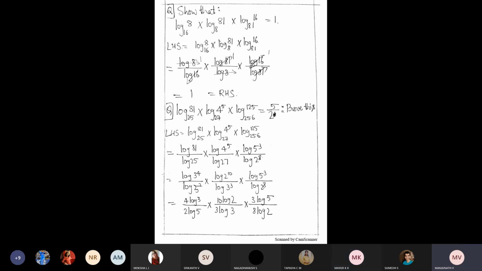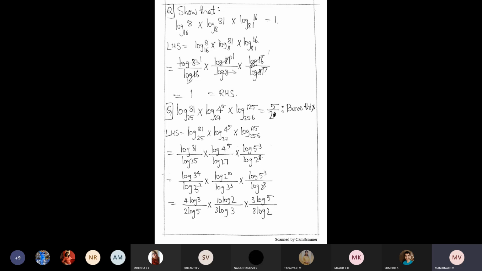If we have offline classes, I will take 1 or 2 classes to explain how to use these log tables, log and anti-log tables. That cannot be done online, because that has to be shown to you manually, how to take your log and anti-log. You have covered almost 90%.